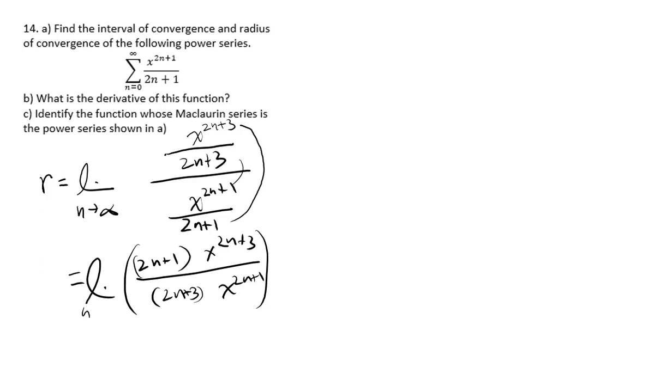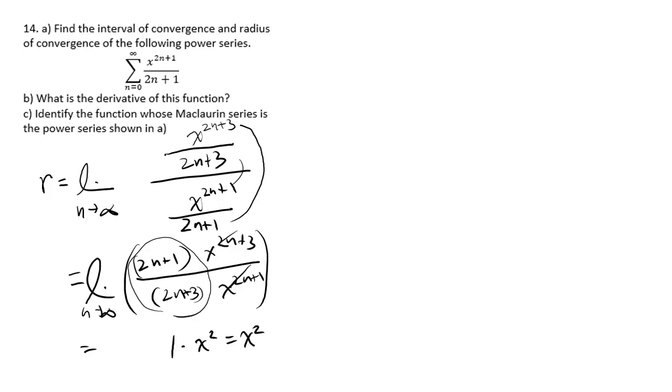And you're sending limit n going to infinity. Now x to the 2n will cancel away, and x cubed divided by x would be x squared. And also this one, when n is sent to infinity, 2n over 2n is 1, so it will be like 1 times x squared. So that's going to be x squared.